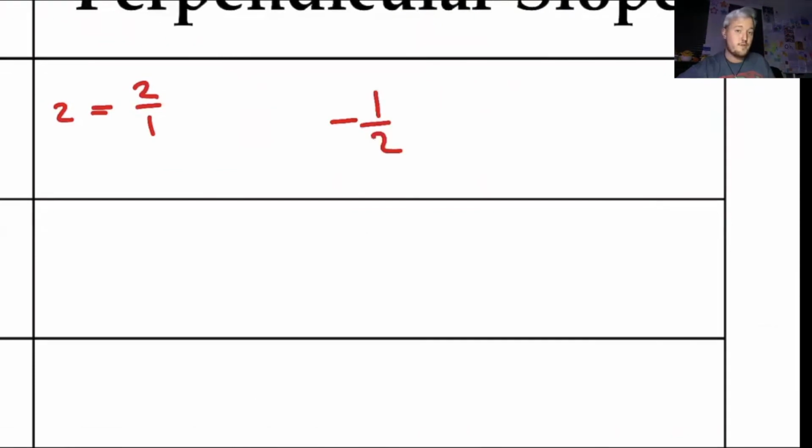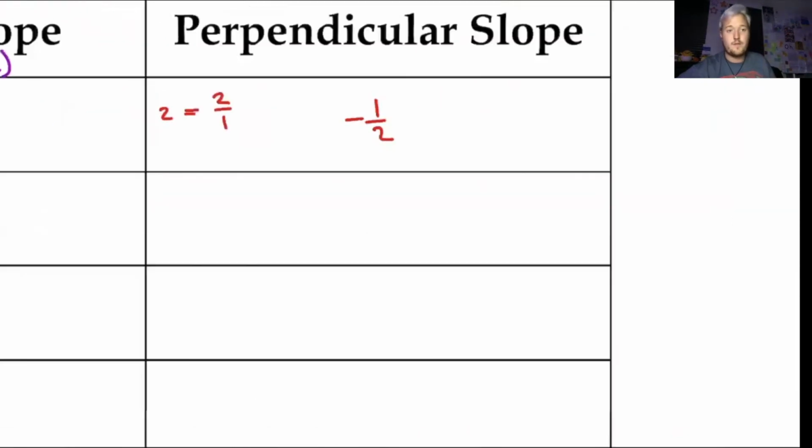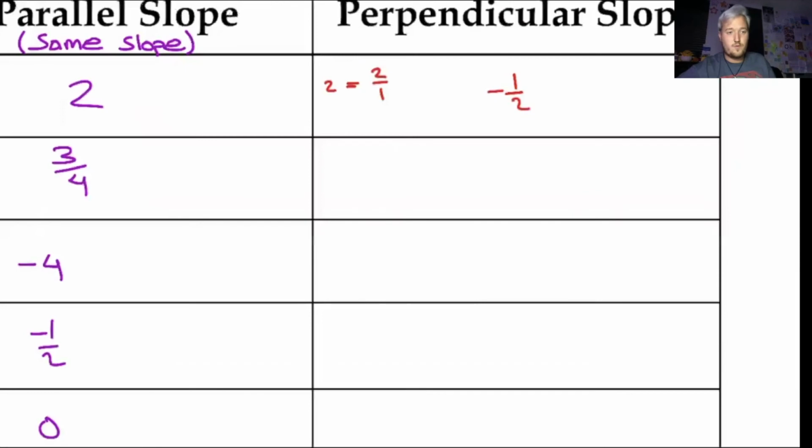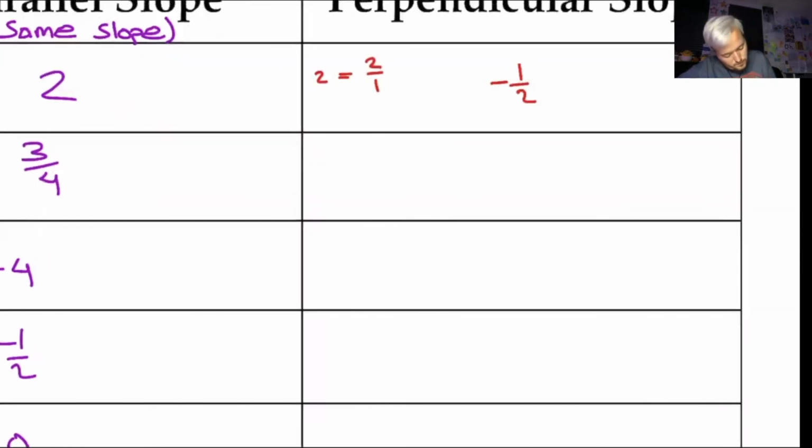So our perpendicular slope is -1/2. Similar situation with our 3/4 here. If I have 3 over 4, I want to flip the sign, so it goes from positive to negative. And then 3/4, I flip it, so it goes from 3 over 4 to 4 over 3. So that would be my perpendicular slope.